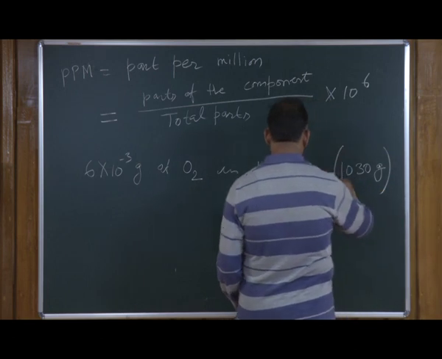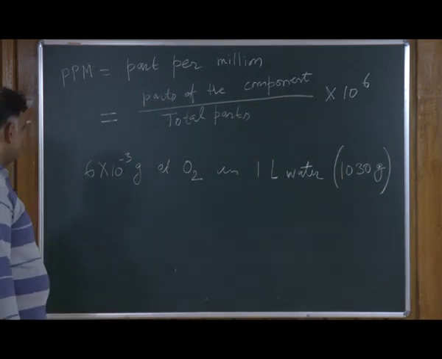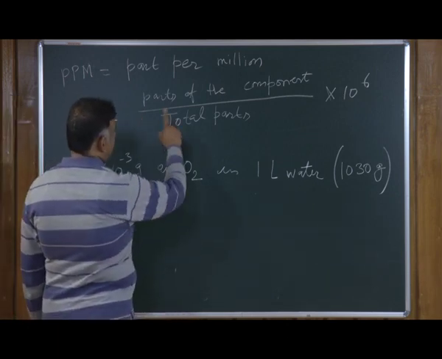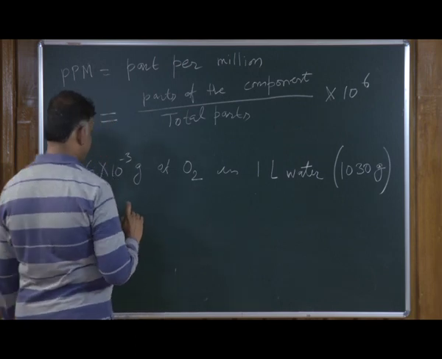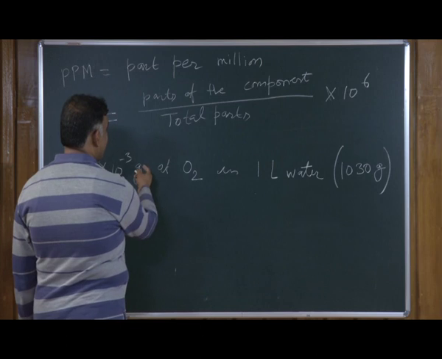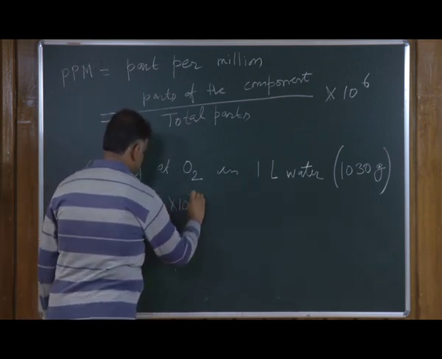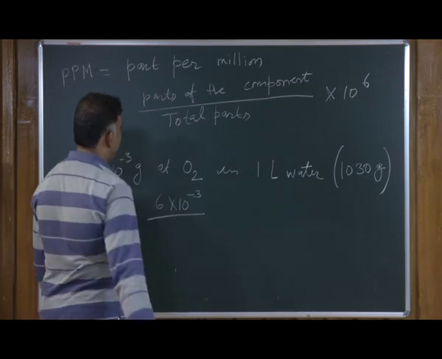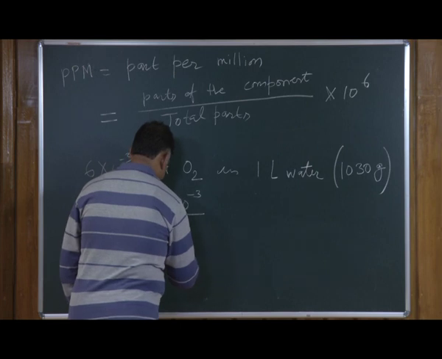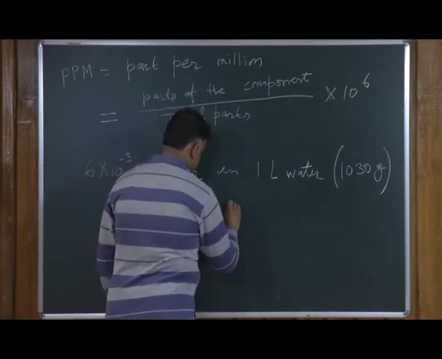So, weight of 1 liter water is 1030 gram. If I want to calculate parts per million, I have to take parts of the component, in this case in grams. So, that would be 6 into 10 minus 3 divided by total parts, that is 1030 gram, into 10 power 6.